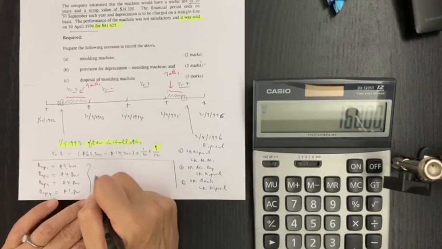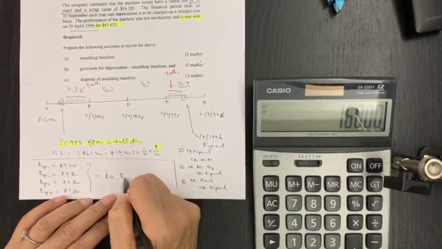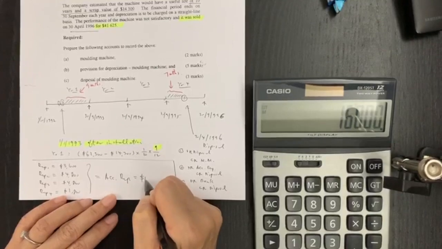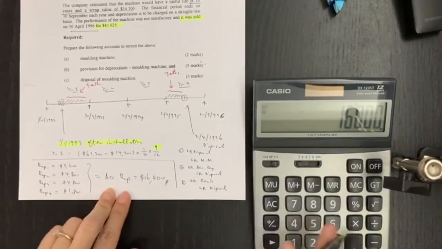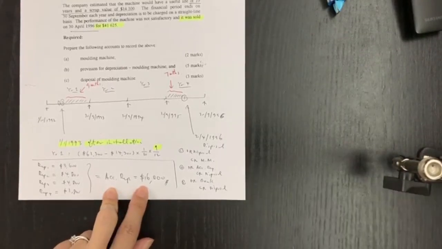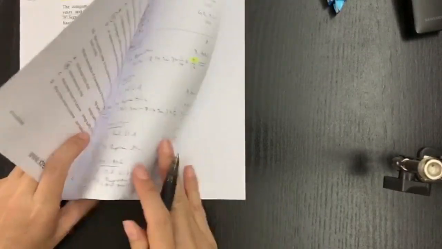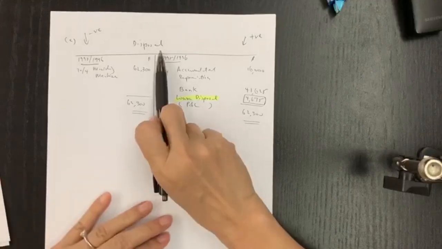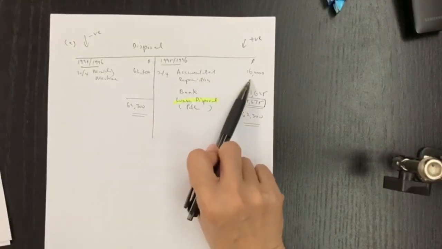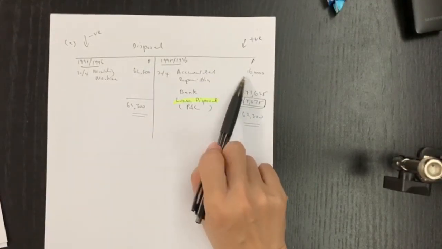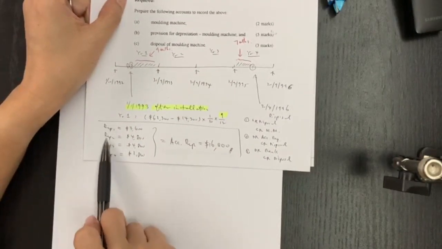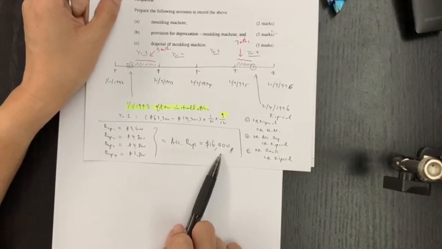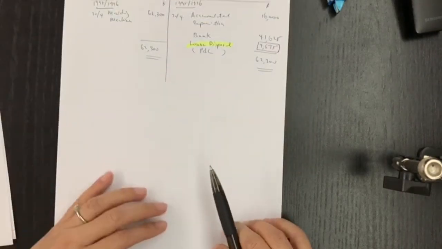It is exactly the same as the accumulated depreciation account, which is getting bigger. Therefore, when you look at the disposal account here, the accumulated depreciation is also 16,000, which is equal to all the depreciation added up to get the total for the accumulated depreciation account.